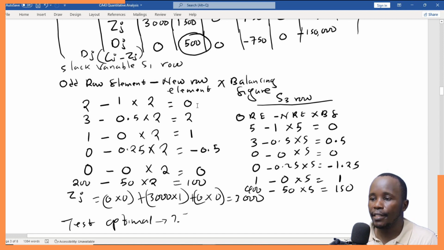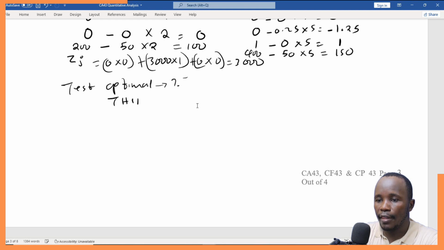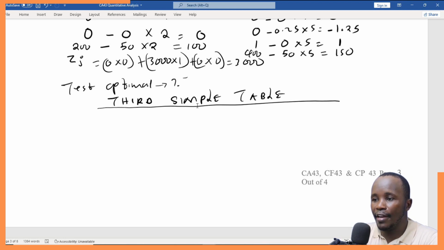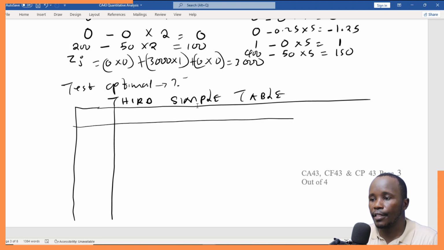So we are going to repeat the same procedure and come up with the third simplex table. Now, having understood how to come up with the second simplex table, here we are just going to work out the figures as we did in the previous table.